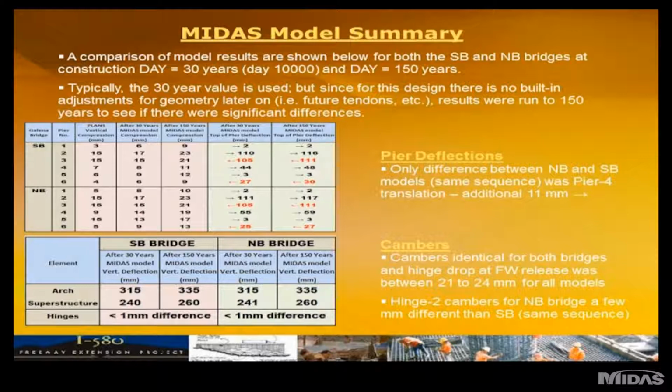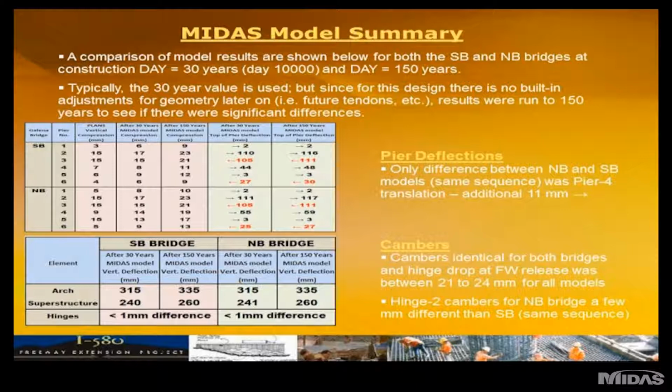The northbound and southbound bridges, as I mentioned, the contractor used a single model. With the varying pier heights, what I did was double check the pier movements, and certainly Pier 4, as I mentioned, for pier deflections there on the right-hand side.